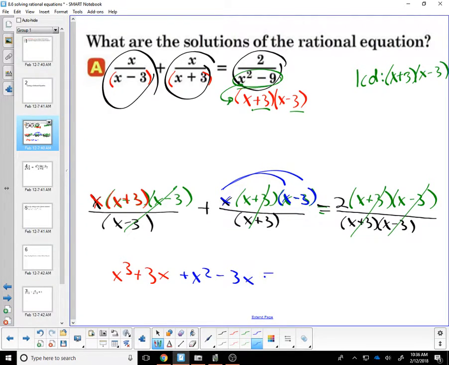And that equals 2. Thanks. Good looking out. That should be that. So look at this now. Beautiful. Now it's just, I shouldn't say linear, but I don't have rational expressions anymore.